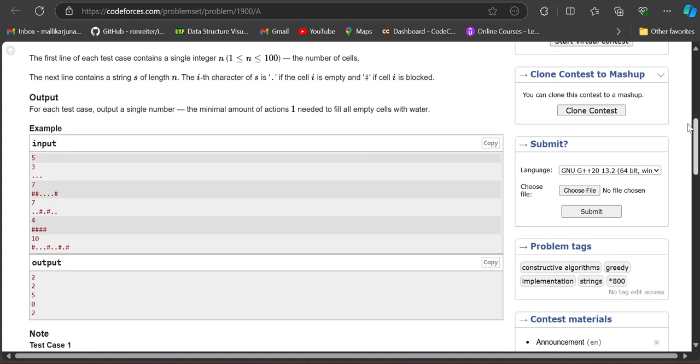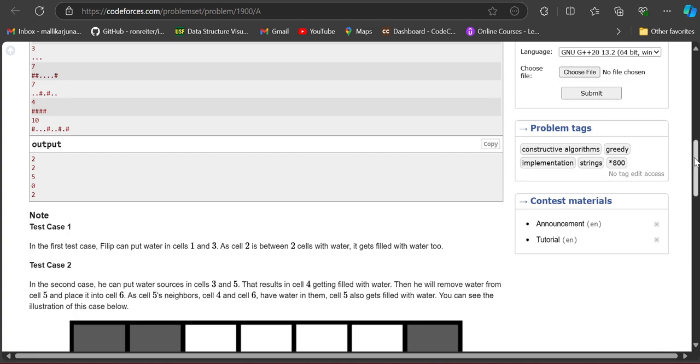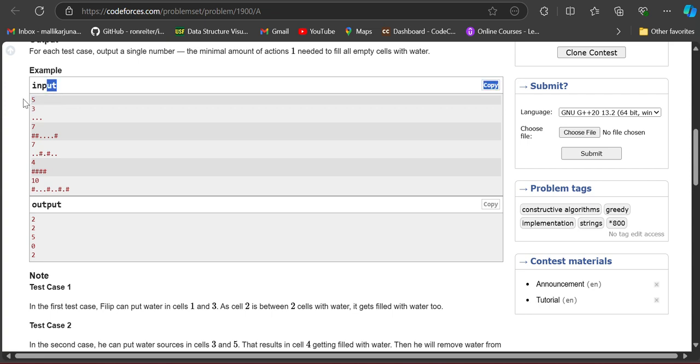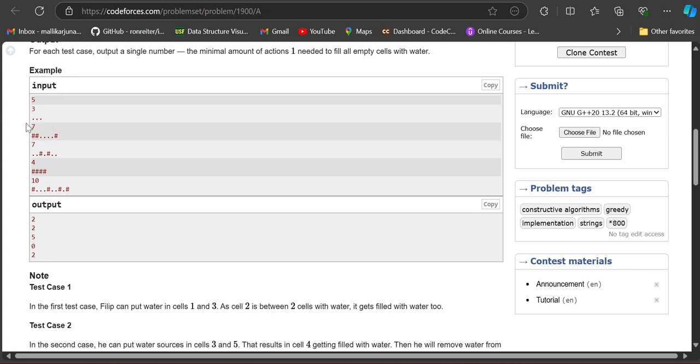So let's try to understand the test cases. Here there are a total of 5 test cases, and for the first test case, the size of the string is 3. All the characters are dots, which represents empty cells, so all 3 cells are empty. The second test case contains 7, which says that the length of the string is 7.